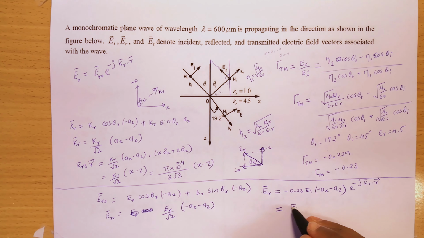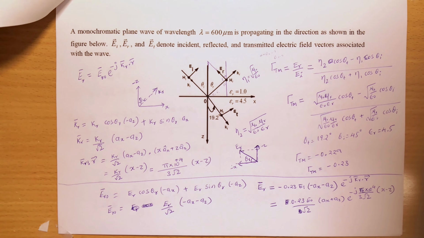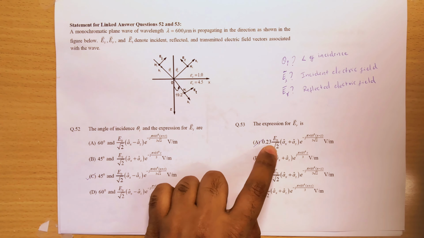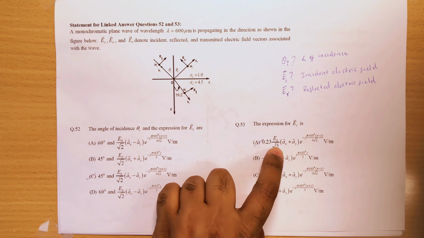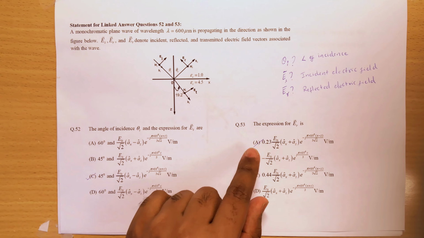From the previous expression, the total electric field is 0.23 E naught divided by root 2 ax plus az, and then the expression for the phase factors in this case. After solving this, we know that option A in the given options, which is exactly what we derived here, is the correct one. So the answers here are C and A.